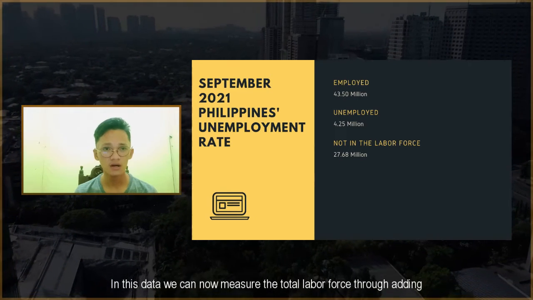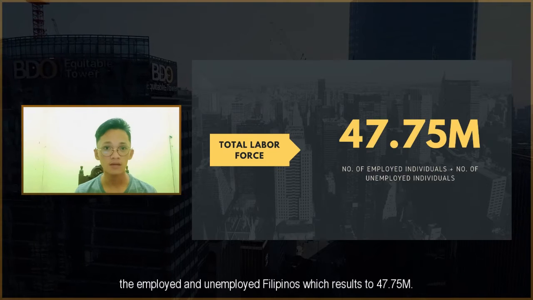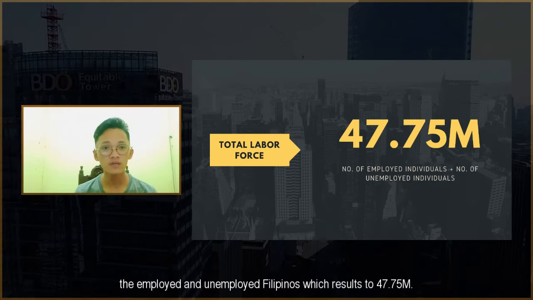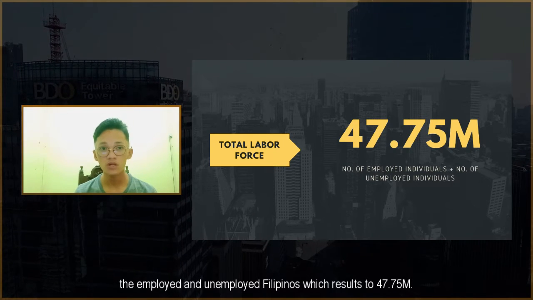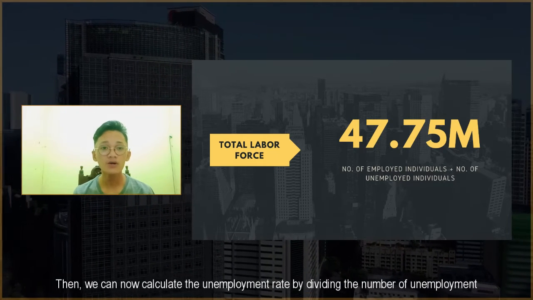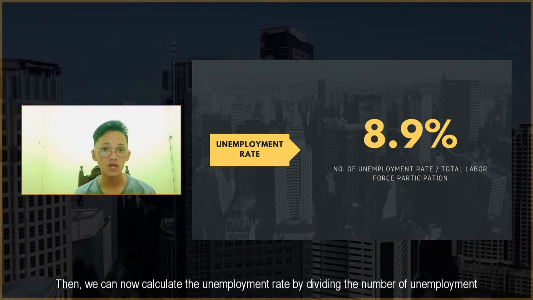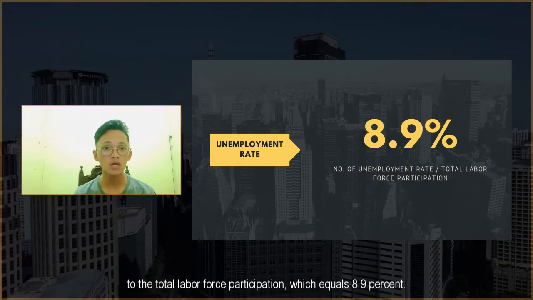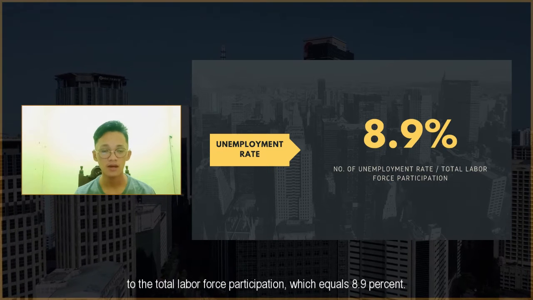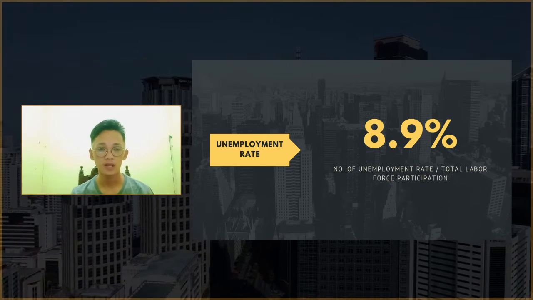In this data, we can now measure the total labor force through adding the employed and unemployed Filipinos, which results to 47.75 million. Then, we can calculate the unemployment rate by dividing the number of unemployed by the total labor force, which equals 8.9%.